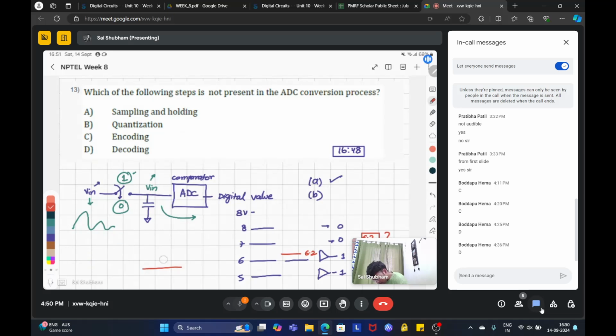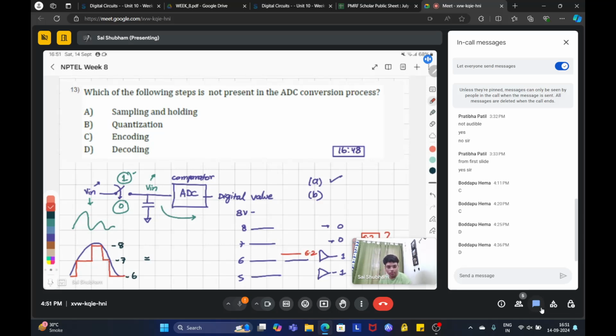Let me make it like this. Suppose this is your 8, this is your 7, this is your 6. So the conversion will look something like this.